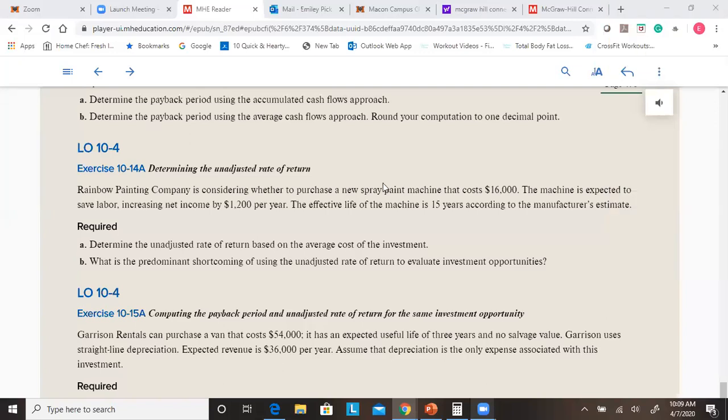So 14A, we want to buy a spray paint machine that costs $16,000. It's expected to save labor and increase net income by $1,200 a year. The effective life of the machine is 15 years. So let's determine the unadjusted rate of return. And then we'll talk about some of the shortcuts of it.